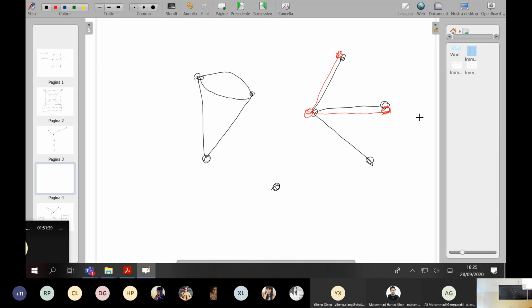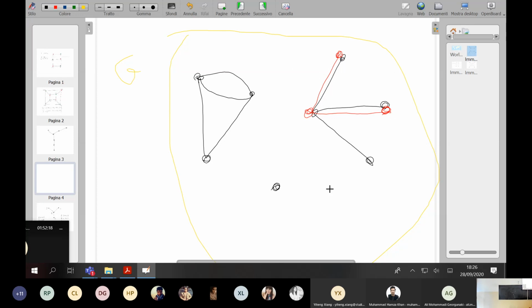Is it maximal? Meaning, is there another subgraph of G, just a moment, all this is graph G. Okay, this is a subgraph which is connected.